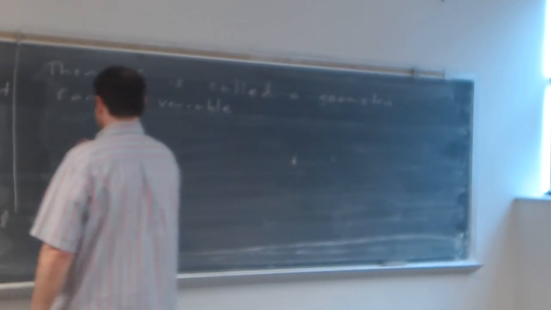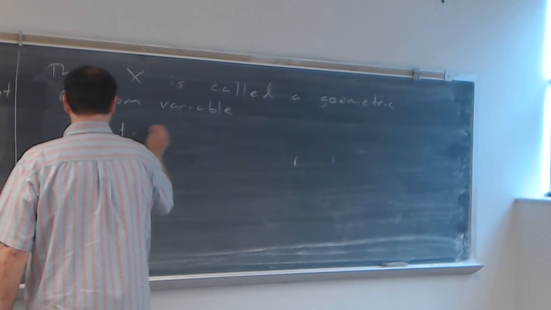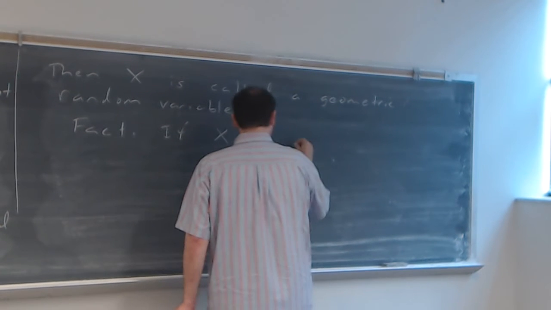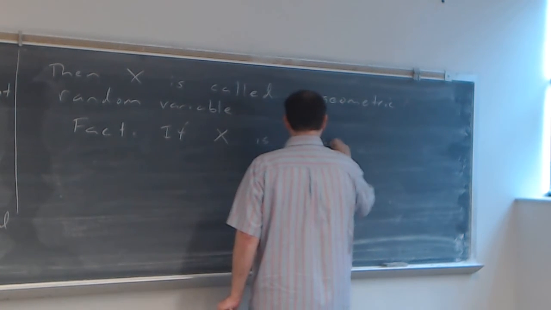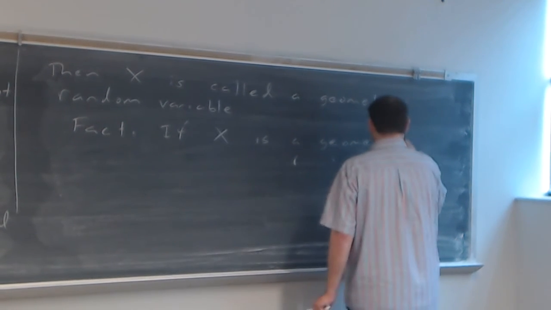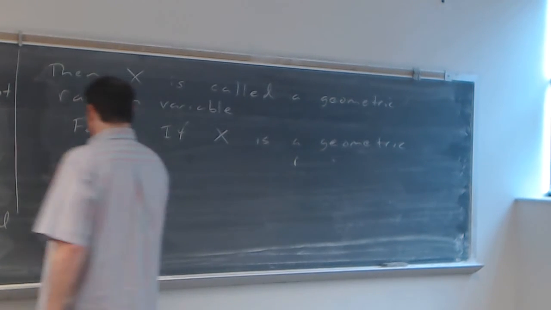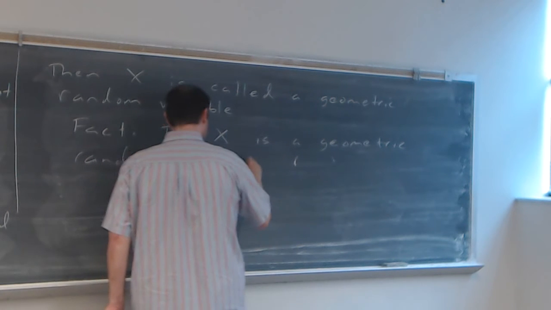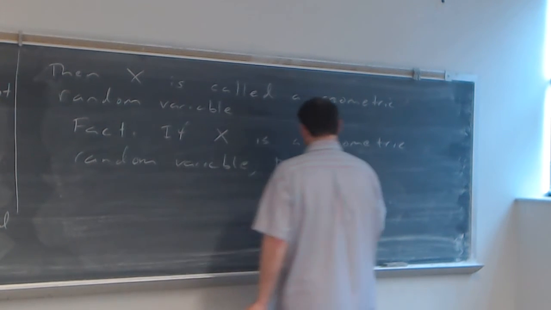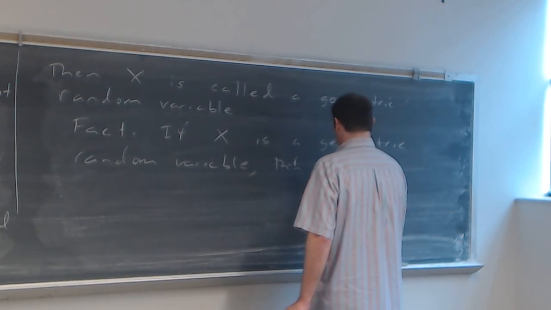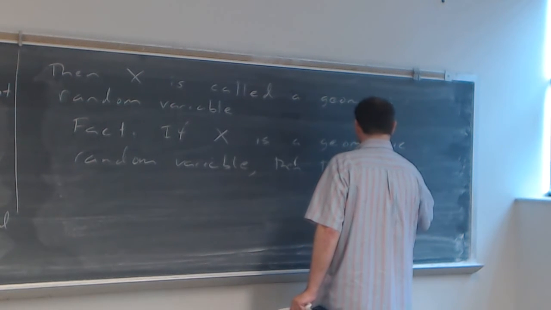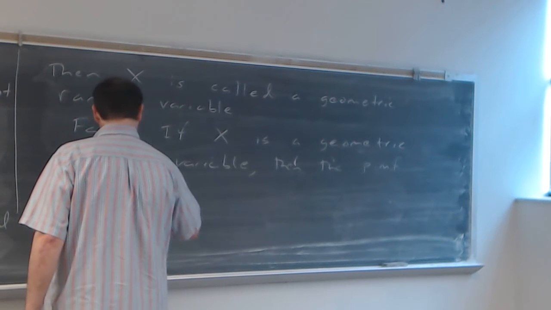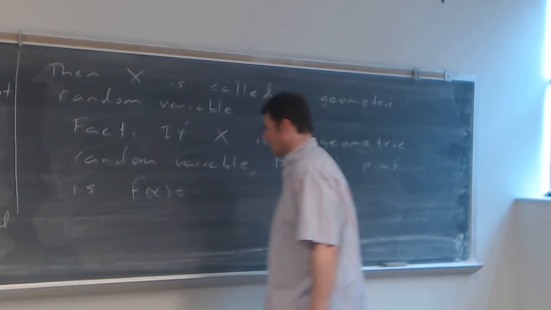And so, as a fact, if x is a geometric random variable, then the PMF is f of x. Let's think about this.